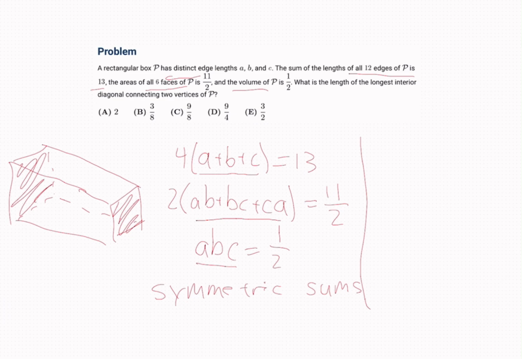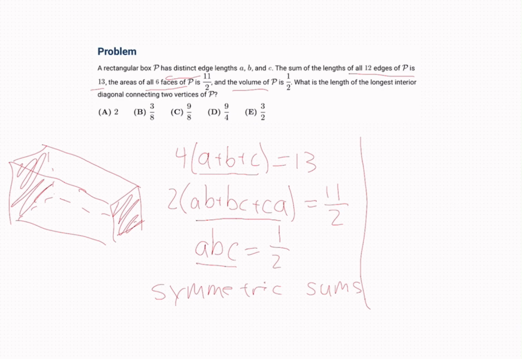What we are going to do next is make a 3rd degree polynomial that has roots A, B, and C. Because we know A plus B plus C, AB plus BC plus CA, and ABC, we know some ratios of the coefficients, and therefore, once we get the polynomial, we can solve it, get A, B, and C, and calculate the final answer. So, let's get to it.